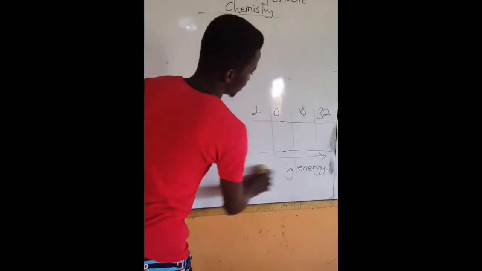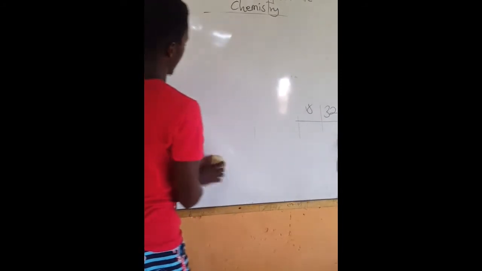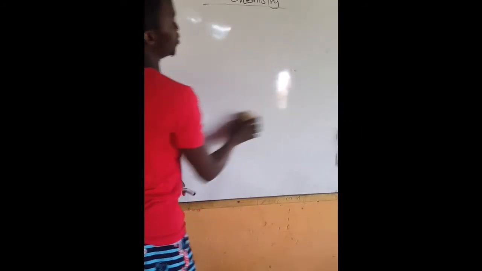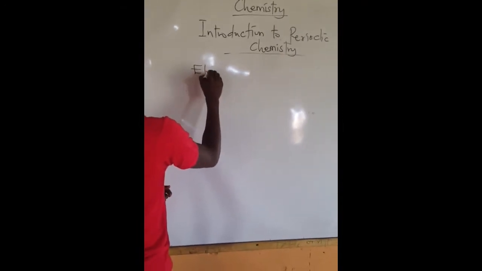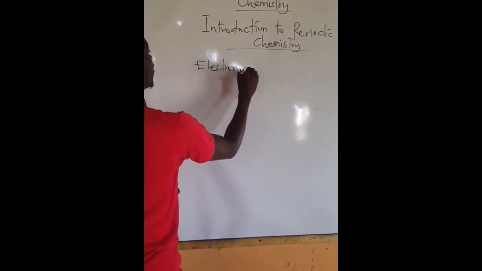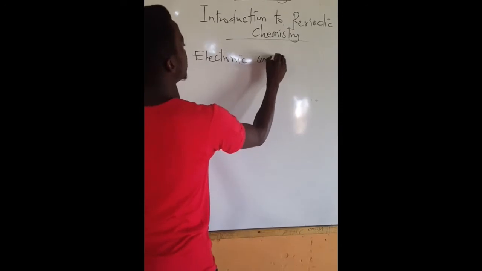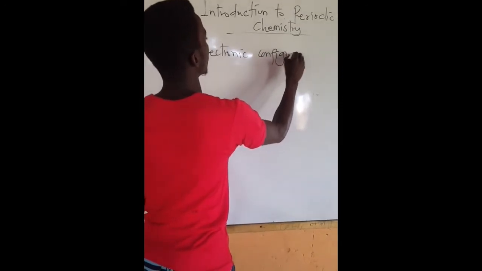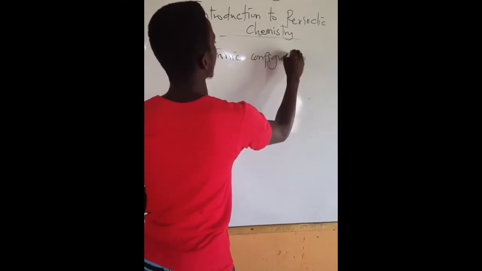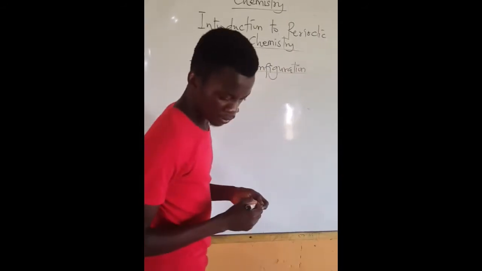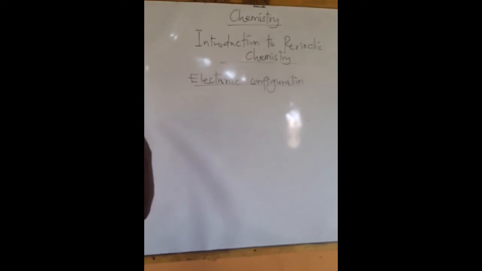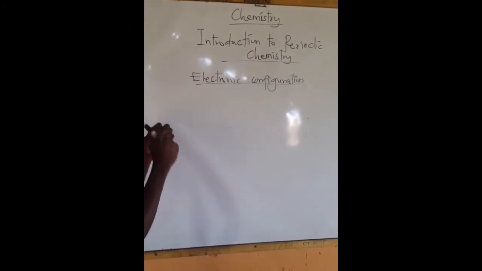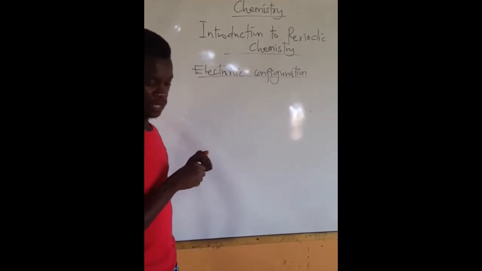Okay. So now let's take our next subtopic, which is electronic configuration. Under the electronic configuration, here we are going to look at the arrangement of electrons in an atom. Okay.